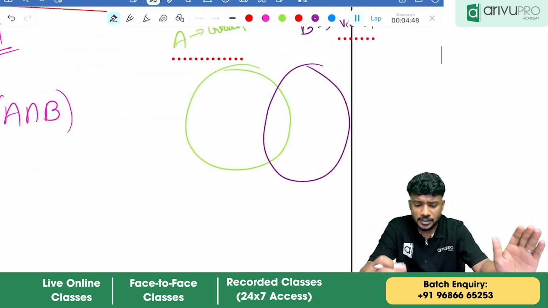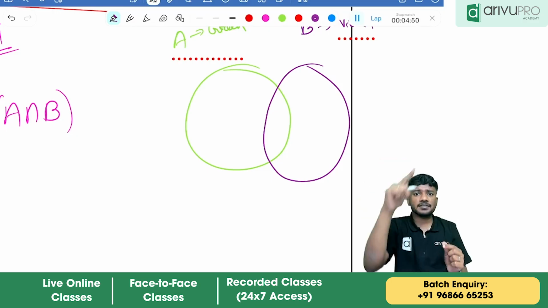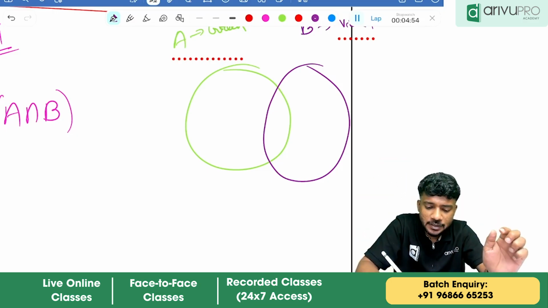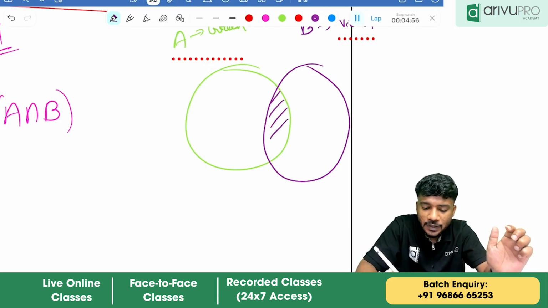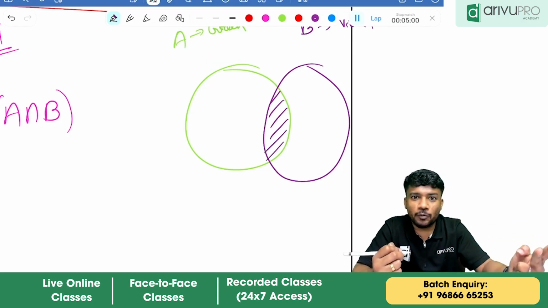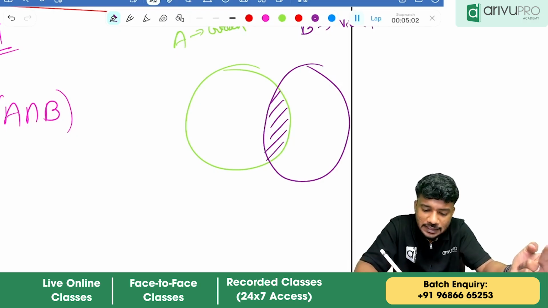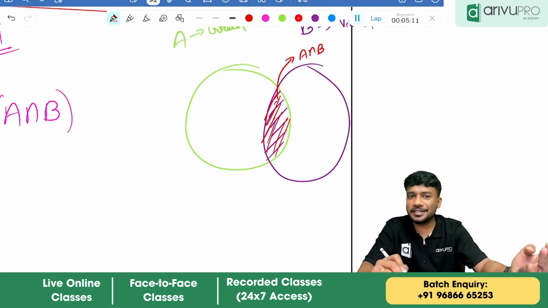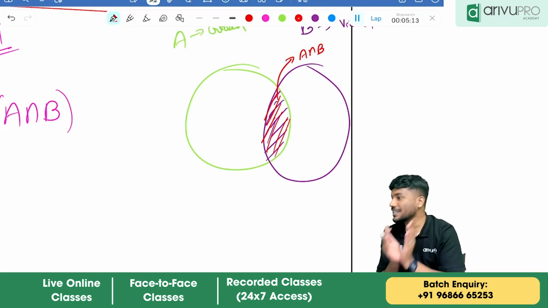Now, the problem is, when I add the green circle and the violet circle together, the area in between will get added 2 times. This particular area is called A intersection B, whichever values are getting intersected.